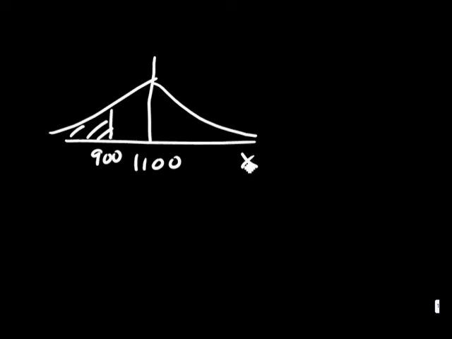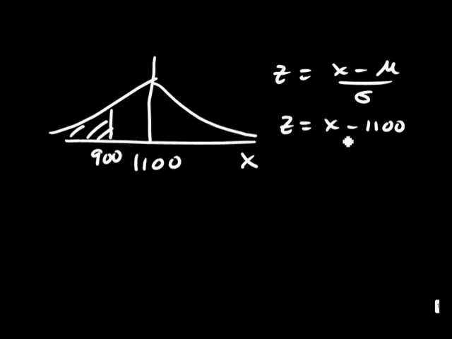We need to convert using our conversion formula, z equals x minus mu over sigma, or in this case, z equals x minus 1100 over 150. Now, converting to z values, the mean of 1100 becomes 0, but we have to determine what 900 becomes. We'll have to plug in 900 here.